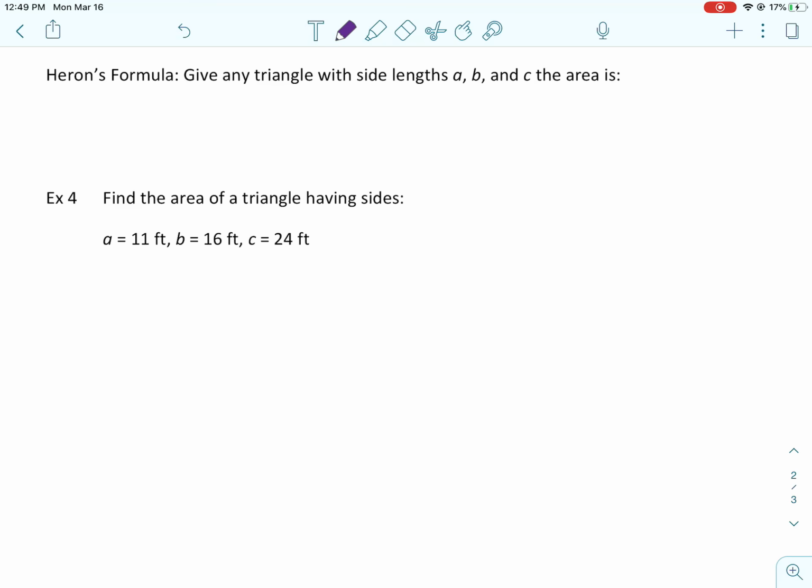Okay, the last thing we're going to talk about from these two sections is Heron's formula, and it's another formula to find the area of a triangle.